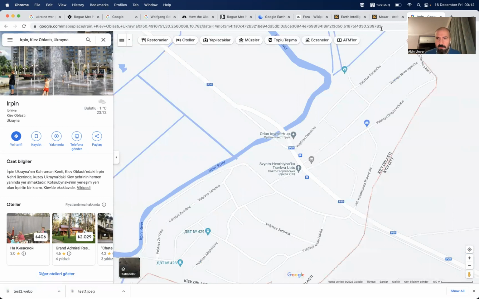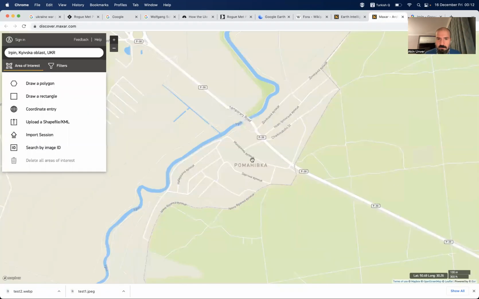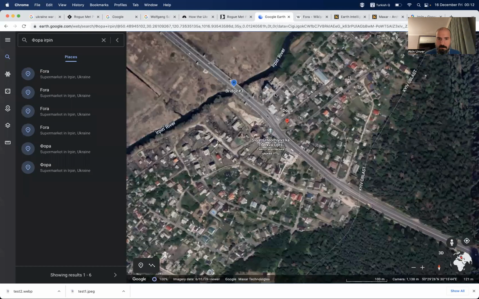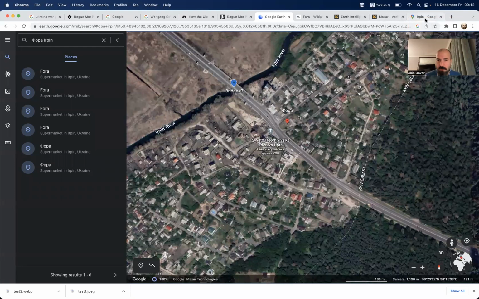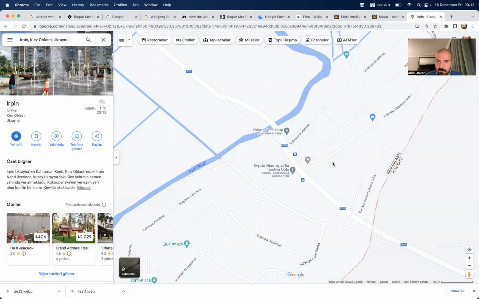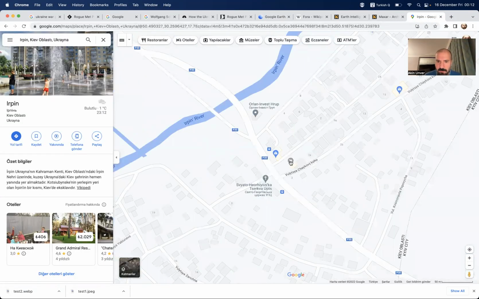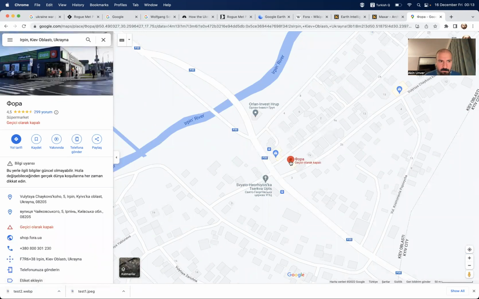So this is this essentially. So I'm looking for street names. So here it says Fora, and I think I have a hit.